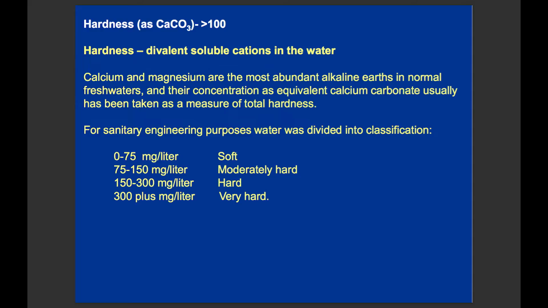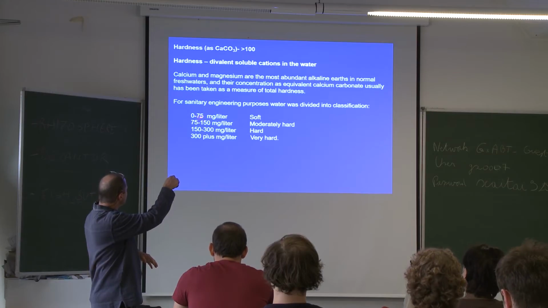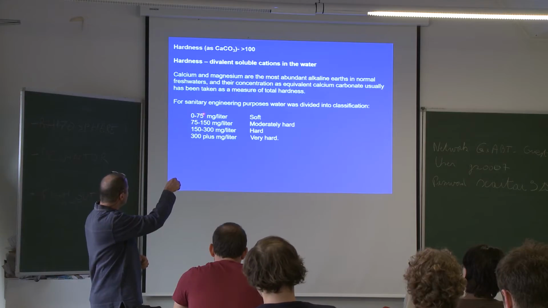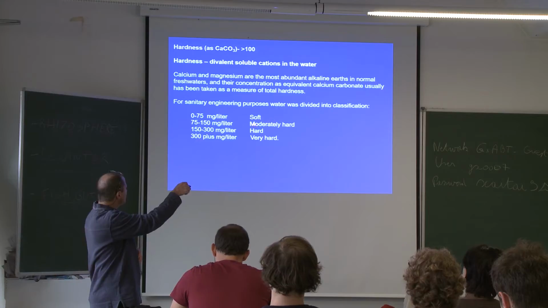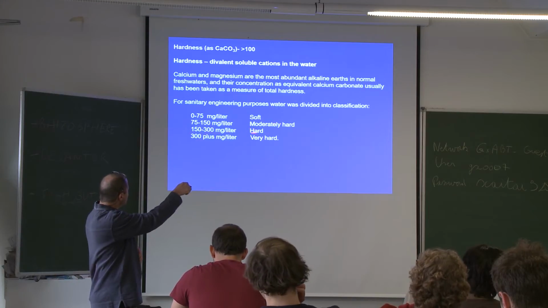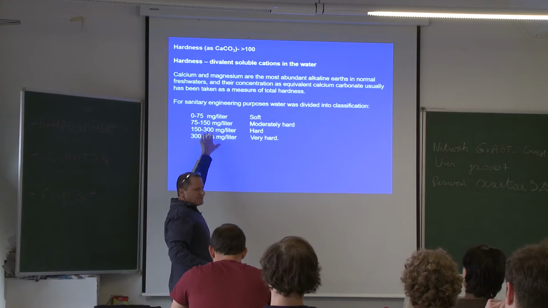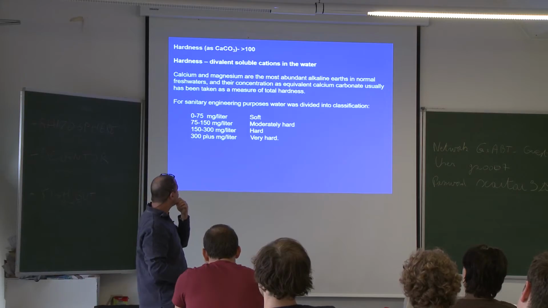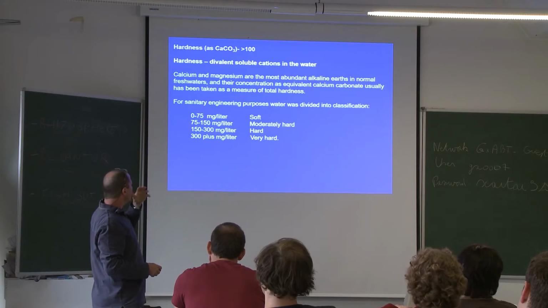And the ranking that people made for soft and hard water is based on the concentration of calcium and magnesium in the water. Anywhere up to 75 would be soft water, like rainwater. These would be moderately hard, this concentration harder, and very hard. And here, as I said, it caused problems, but not so much for aquaculture. Okay? Why is it used, after all, if it's not relevant?